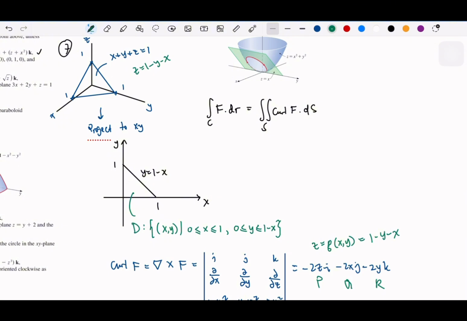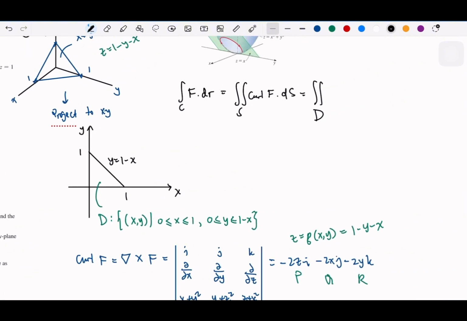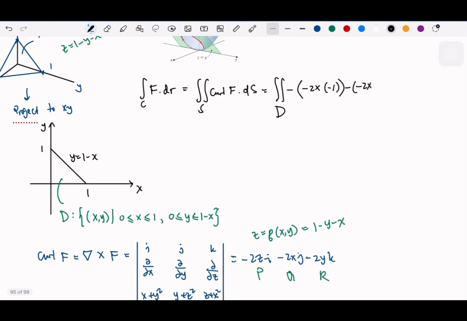dx dy. So this will be equal to the double integral with respect to D. So D refers to our region here. So I will finish this, hopefully. So negative 2x, and then dy will be negative 1 again, right? x is negative 1, y is negative 1, right?